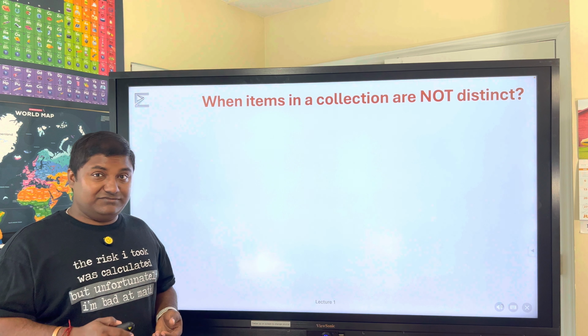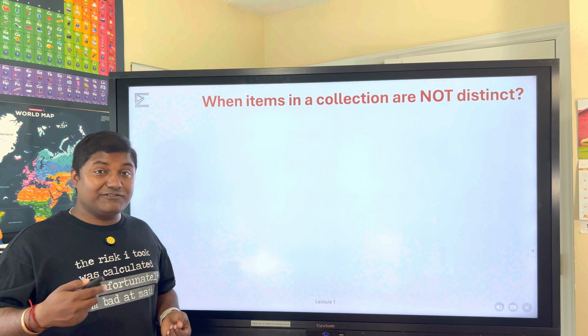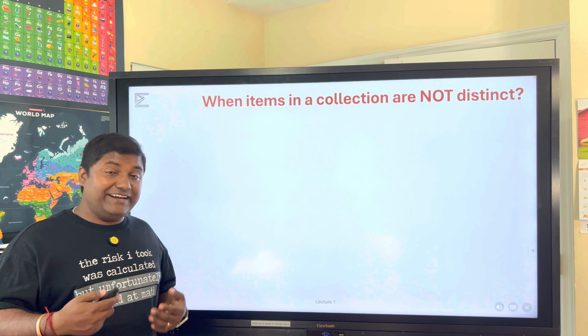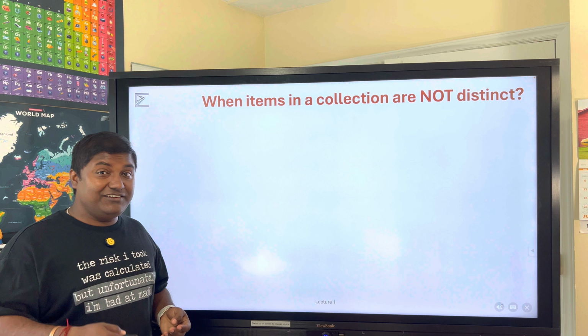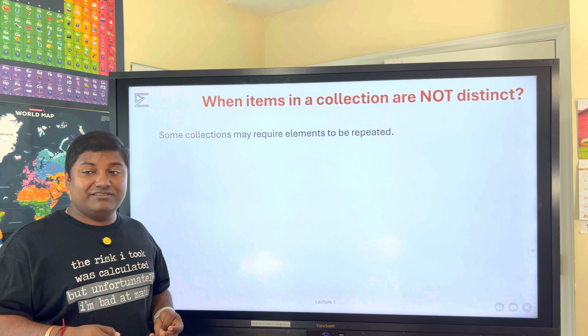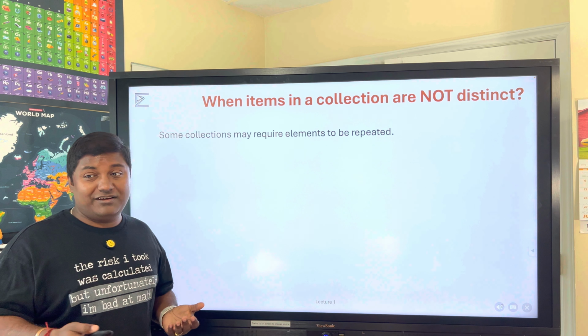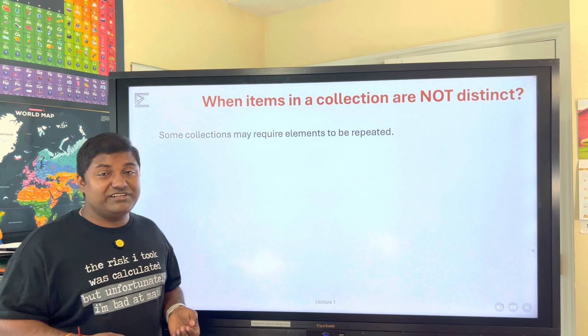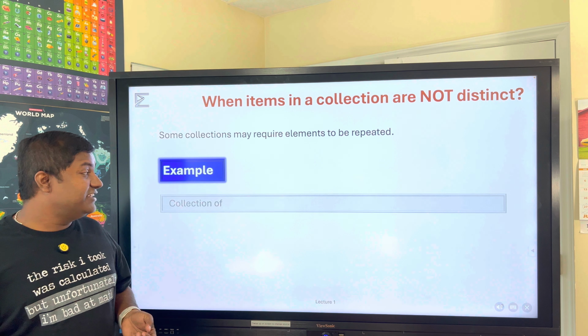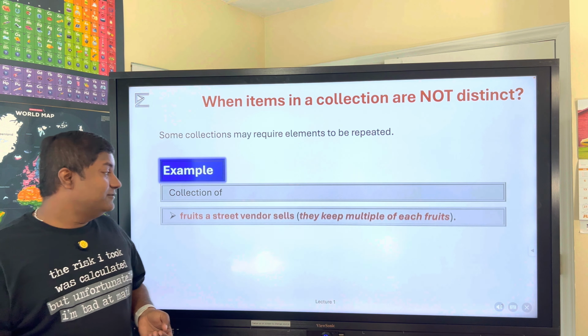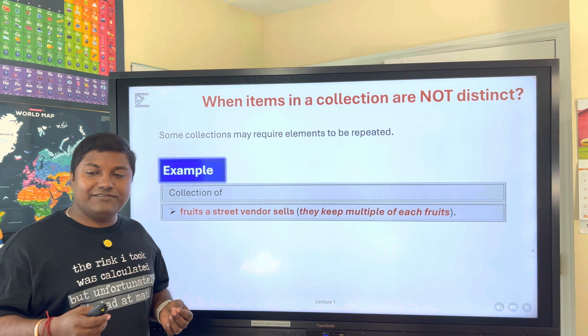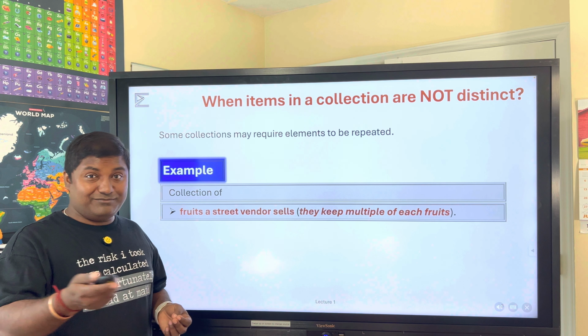Now we are going to see examples of collections where the items don't necessarily need to be distinct. That means some collections may require their elements to be repeated. Let us start with an example. Collection of fruits a street vendor sells. Probably you have visited a market, right?